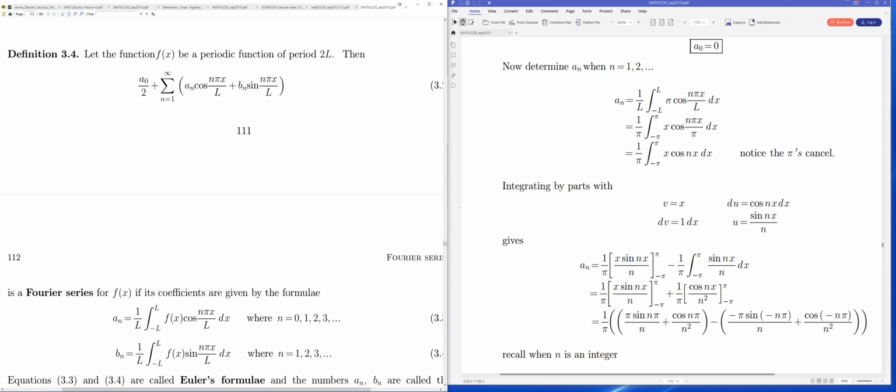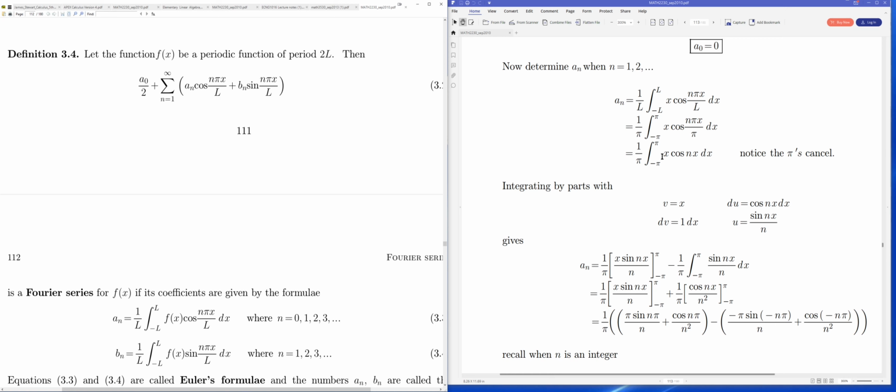Okay, so the function f of x is equal to x, and L is equal to pi, so I'm integrating between pi and minus pi. Notice I have cosine n pi x on L over here. So when I put in L equal to pi, this pi will cancel with this pi, and I'm just left with cos nx here.